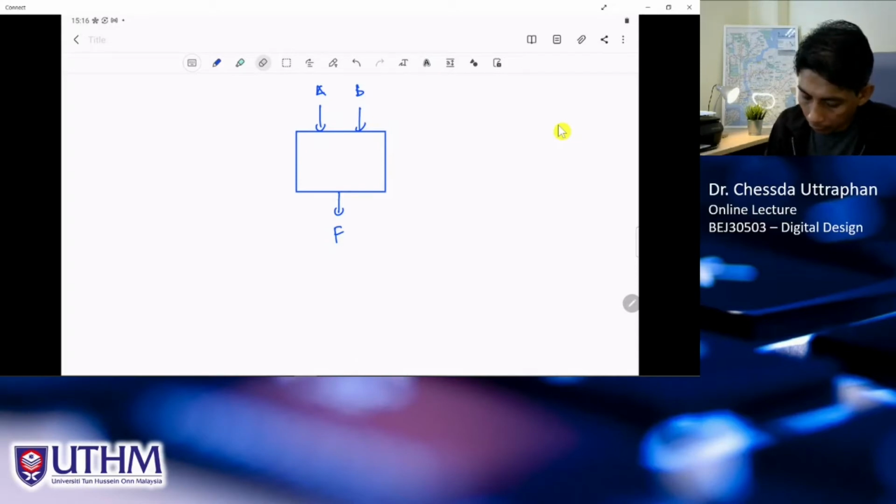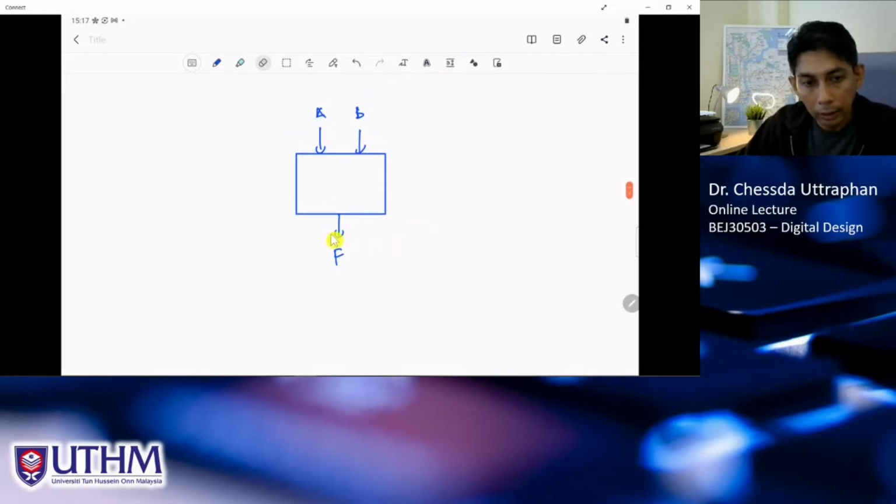But for sequential circuit, the behavior of the circuit is a little bit different, where the output of the circuit not only depends on the input, but also depends on the previous value of the output.